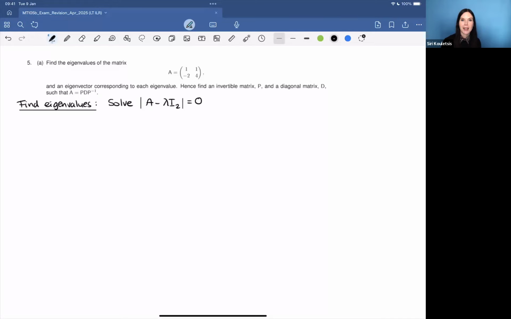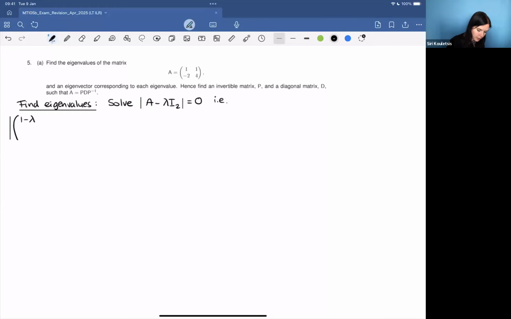So if you stop to think what that means, this matrix here, A minus lambda I, is not invertible because it has determinant 0. Now that will be relevant as we proceed to finding eigenvectors. There is a reason why precisely this is the requirement.